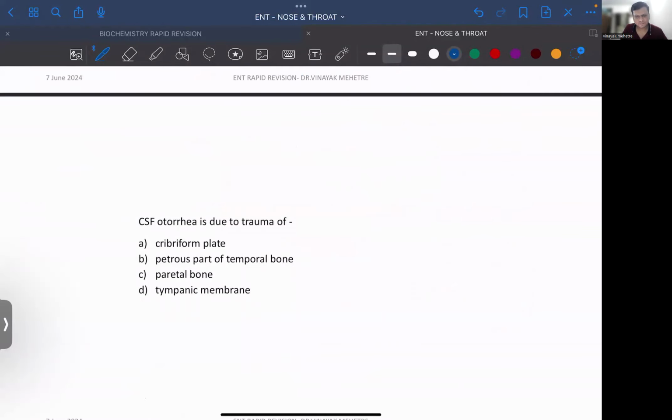Now come to the next. What do you think? CSF otorrhea is due to trauma too. Now I want everyone to answer.